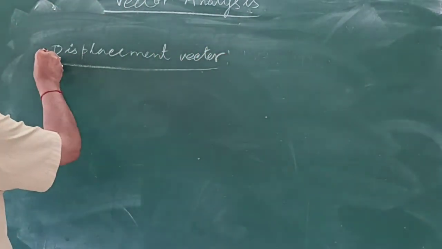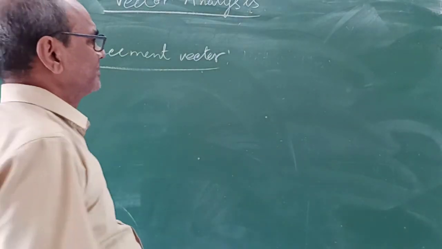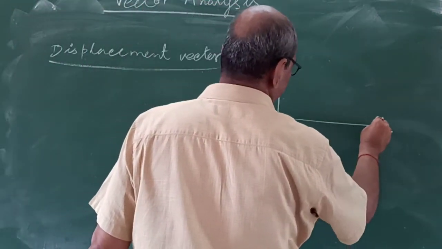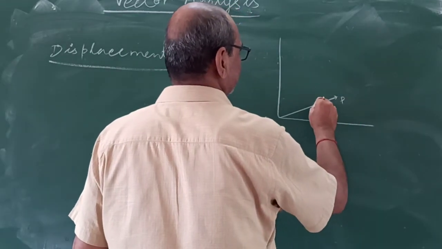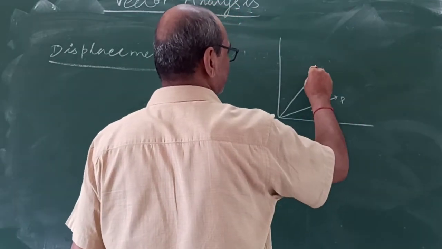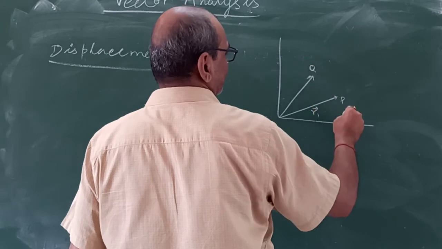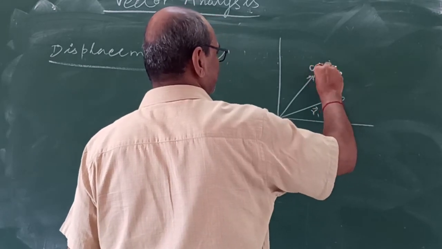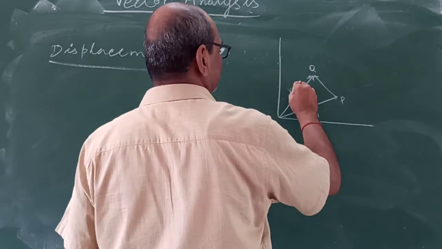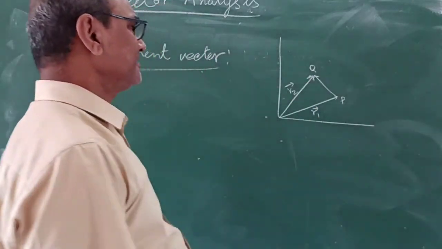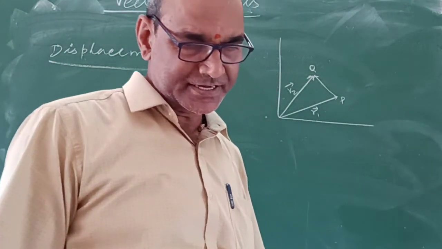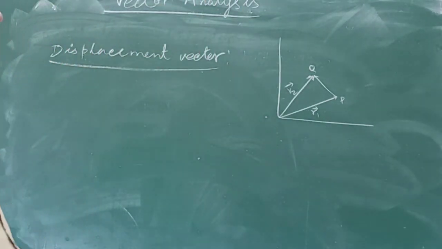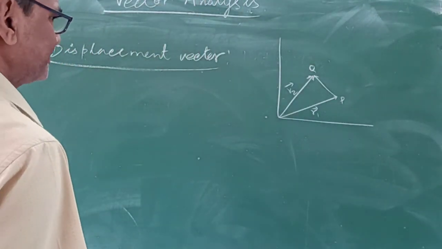First we write the position vector, and then we displace the object. At point P, position vector is R1. At point Q, position vector is R2. So the displacement PQ is equal to R2 minus R1.